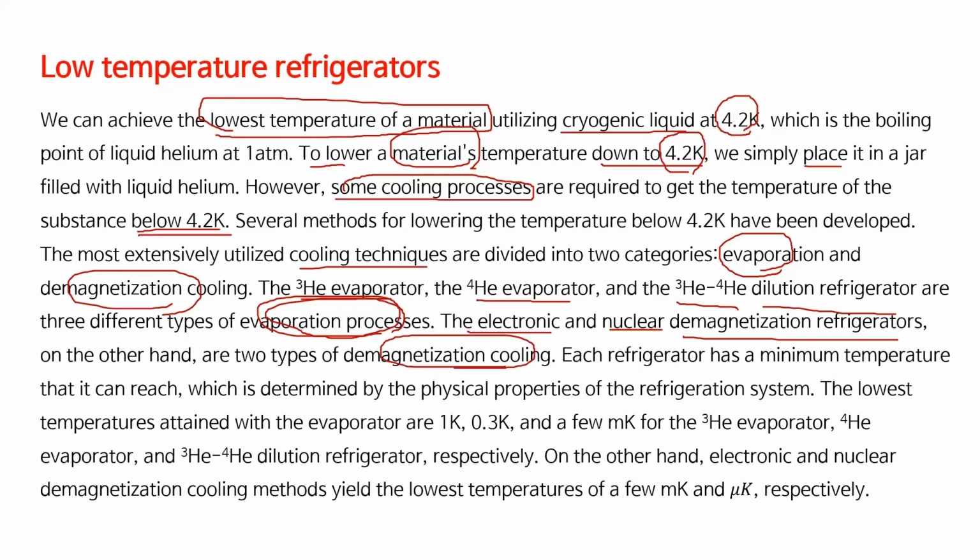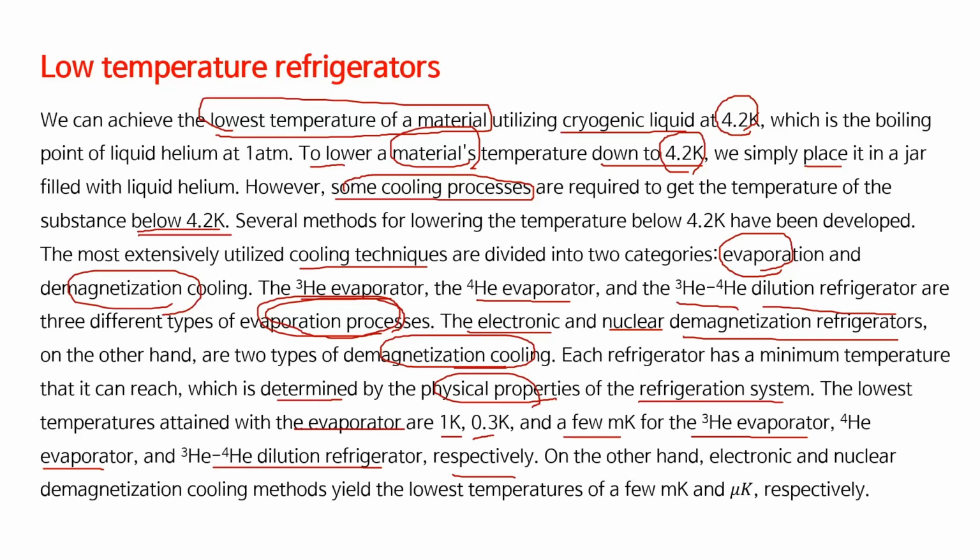Each refrigerator has a minimum temperature that it can reach, which is determined by the physical properties of the refrigerator system. The lowest temperatures attained with the evaporator are 1 Kelvin, 0.3 Kelvin, and a few millikelvin for the helium-3 evaporator, helium-4 evaporator, and helium-3, helium-4 dilution refrigerator, respectively.